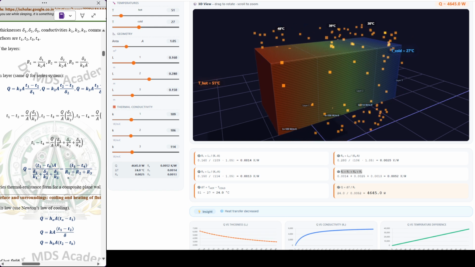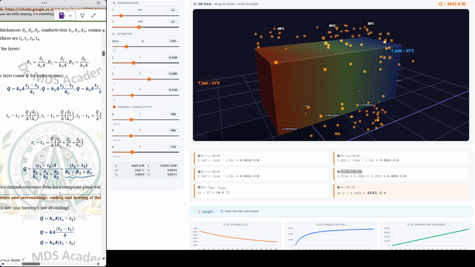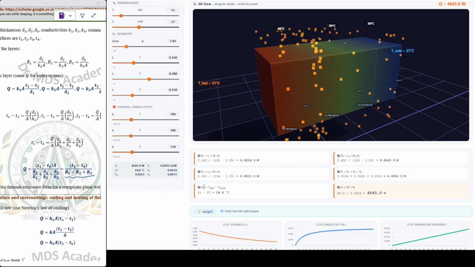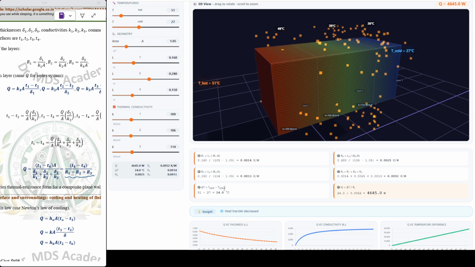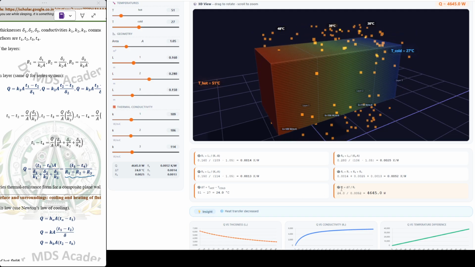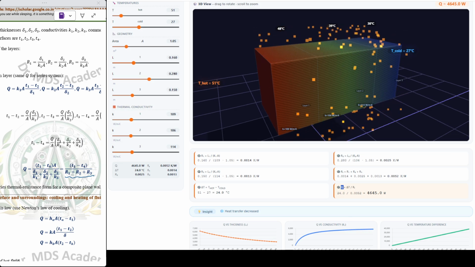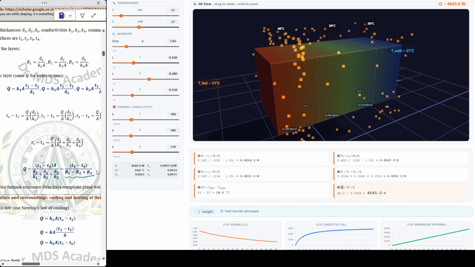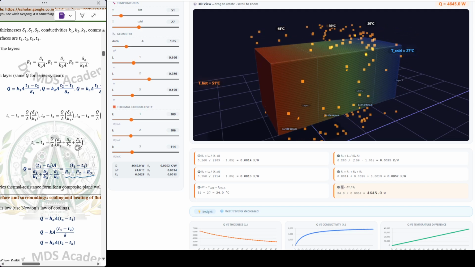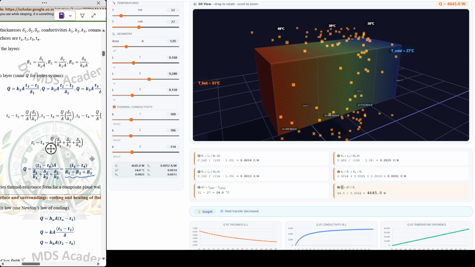T hot minus T cold is simply the change in temperature. Finally, you get Q equal to the change in temperature upon resistance, according to these equations.